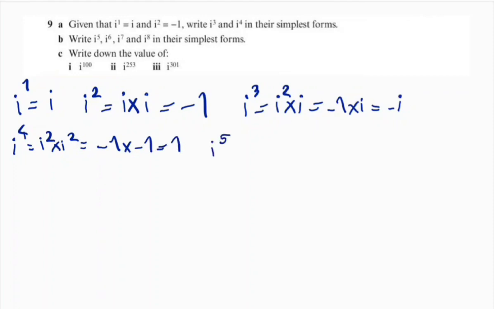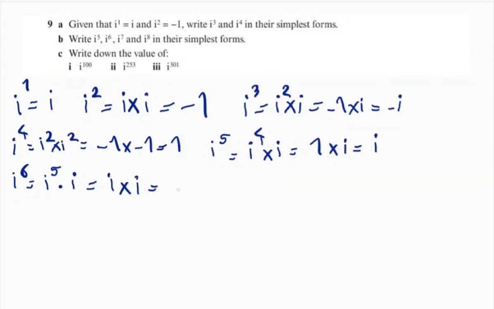Then i to the power of 5 is i to the power of 4 times i. i to the power of 4 is 1, and 1 times i is i. i to the power of 6 is i to the power of 5 times i, so we know i to the power of 5 is just i, and then i times i is i squared, which is -1. i to the power of 7 is i to the power of 6 times i, which is -1 times i, which is minus i.